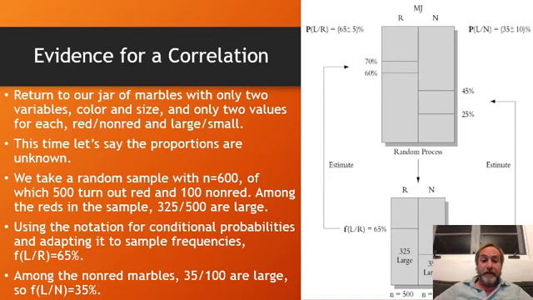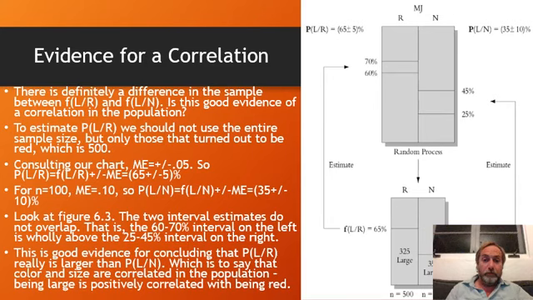And then the frequency of being large, conditional on being non-red, will be 35%. So in the sample, we definitely see a difference, again, between the frequency of large conditional on red and the frequency of large conditional on non-red.